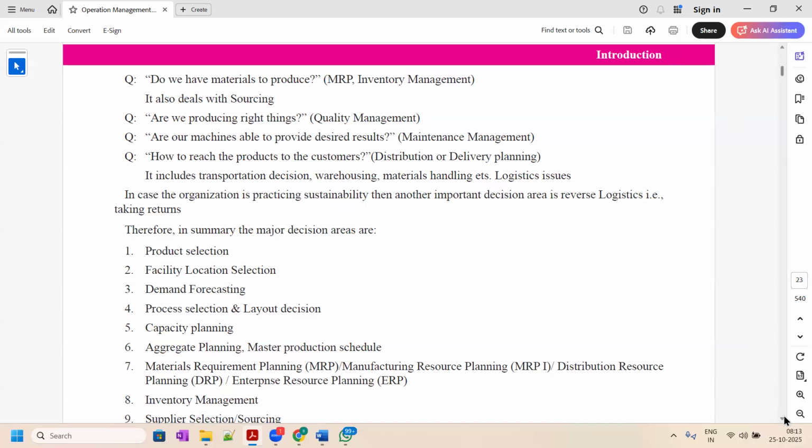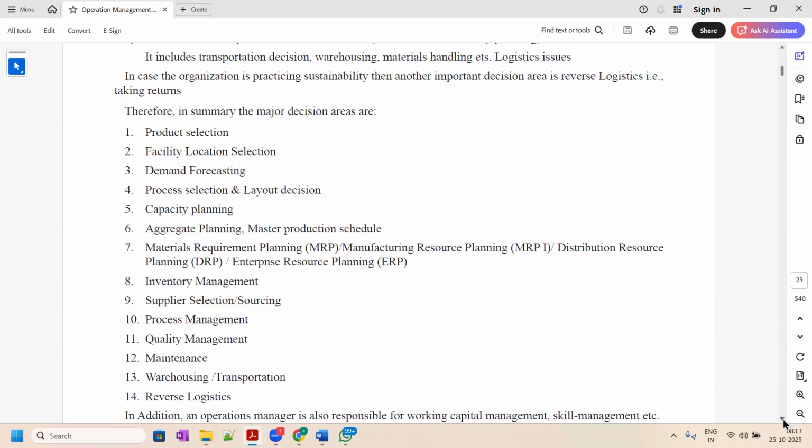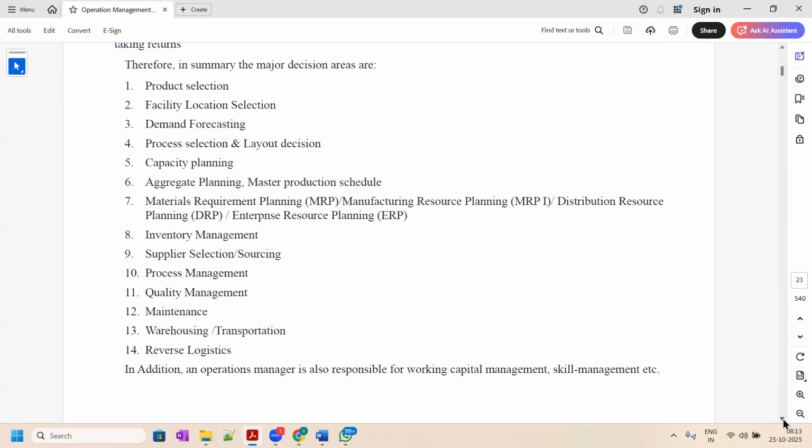So basically the main decision areas we have discussed here are product selection, which is all about deciding what product to make. Then facility location selection, which is about choosing the right place for the factory or production unit. Then demand forecasting, estimating future customer demand.